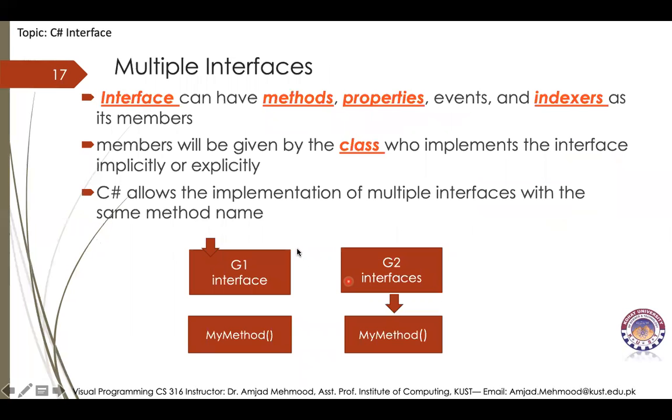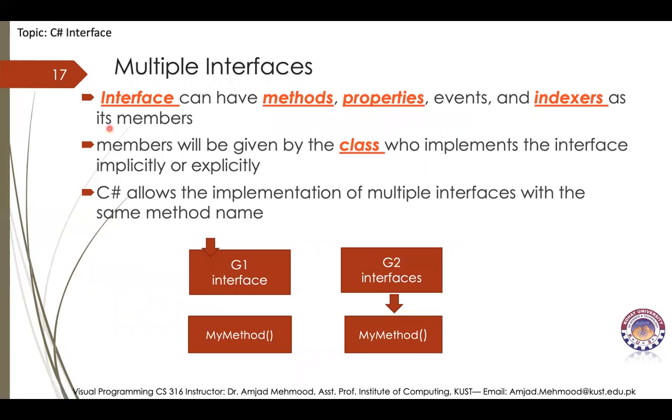Multiple inheritance. Interfaces can have methods, properties, events, and indexes as their members. As we know, in classes you can define data variables and fields as well, but in interfaces you have methods, properties, and indexes.